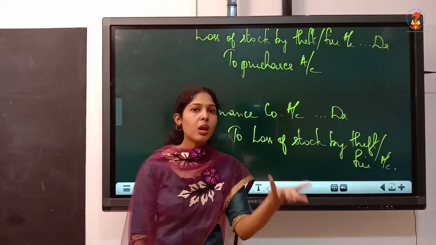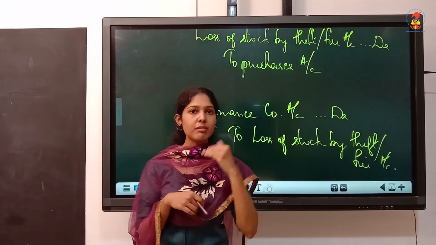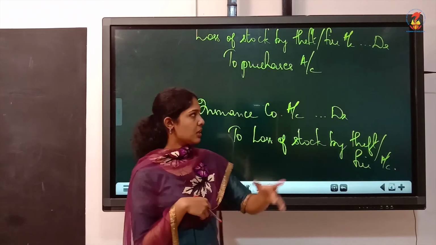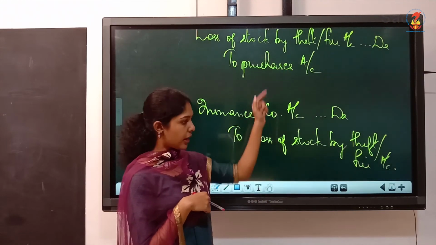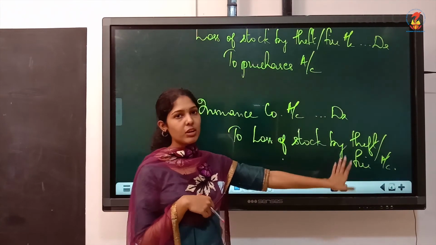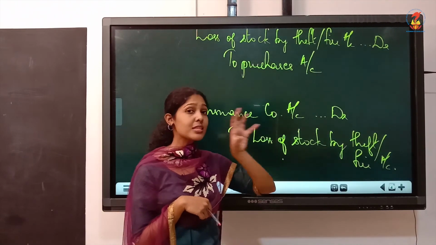There is no more a loss for the business because we could meet it. The insurance company is giving us the amount and the loss account will get cancelled. Earlier we had debited, now we are cancelling it. That is why we credited it. Giving the opposite aspect means it is getting cancelled. Okay, that is the concept.